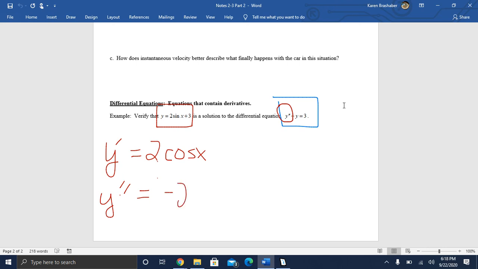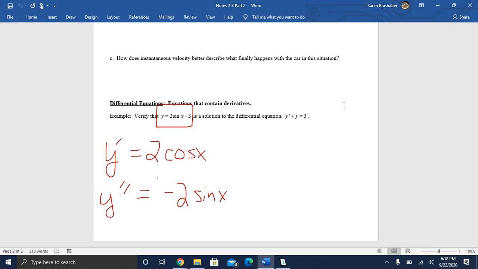So we'll have negative 2 times the sine of x. All right, now that you've gathered your information, it's just an algebraic proof. You're going to substitute in to replace the y double prime and the y, and you want to verify that you get a true statement.